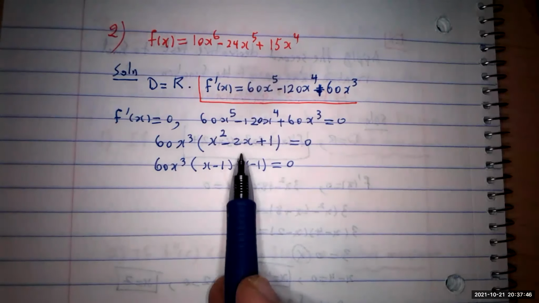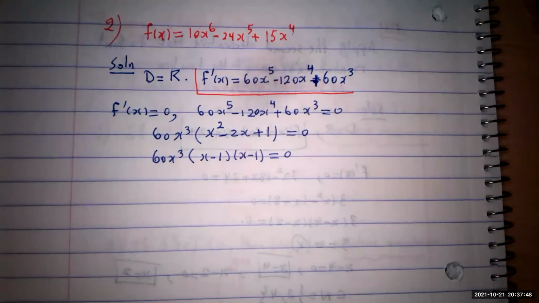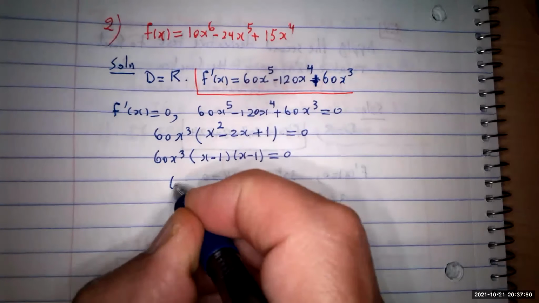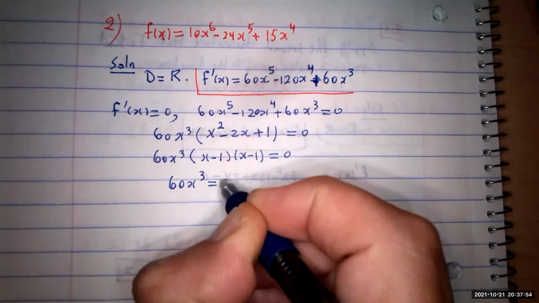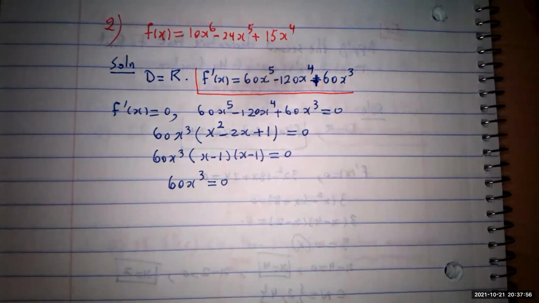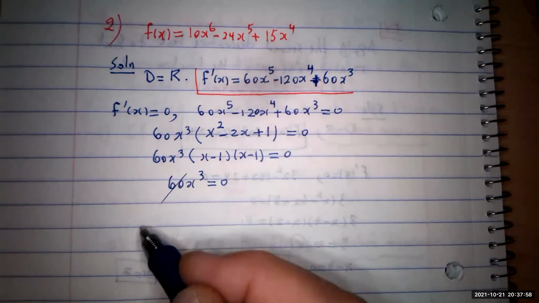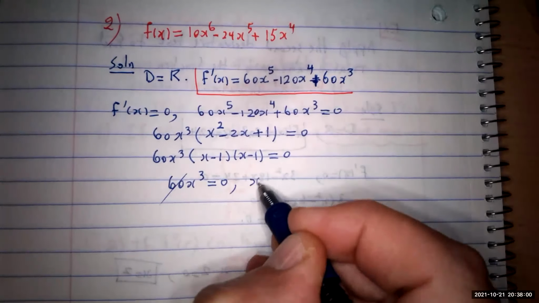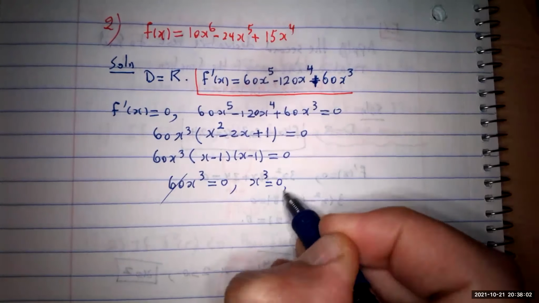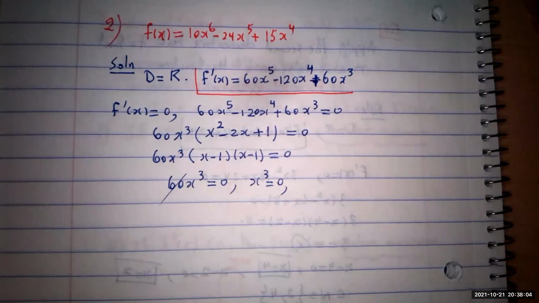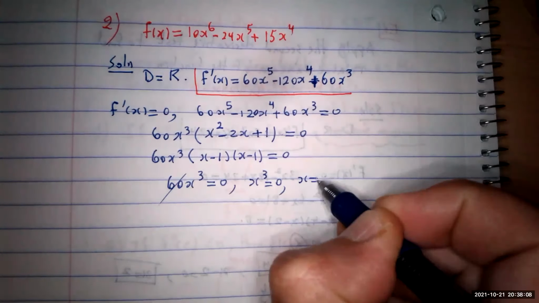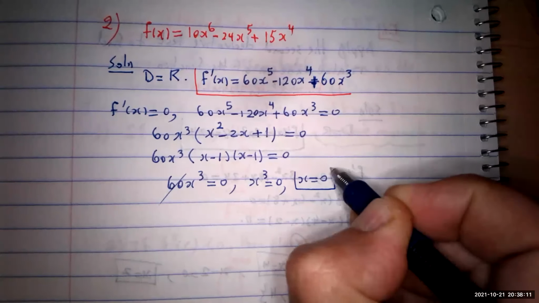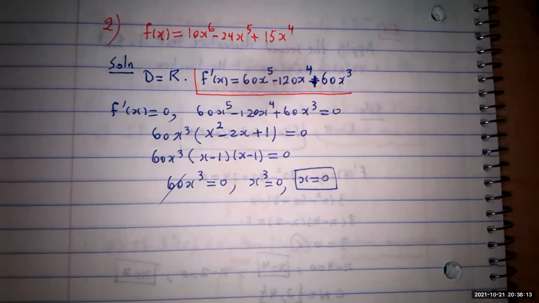So you let each factor equal 0 to find the critical values. 60x cubed equals 0, you divide by 60, so x cubed equals 0, and then you take the cube root. In that case, x would be 0. So this would be one critical number.